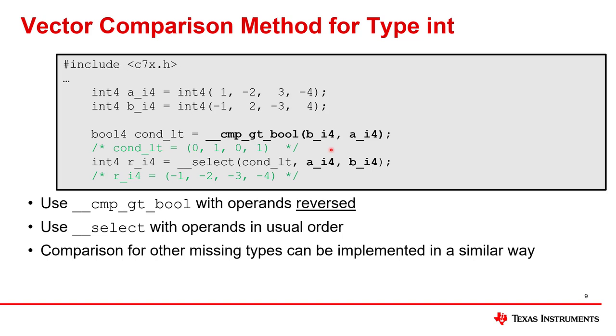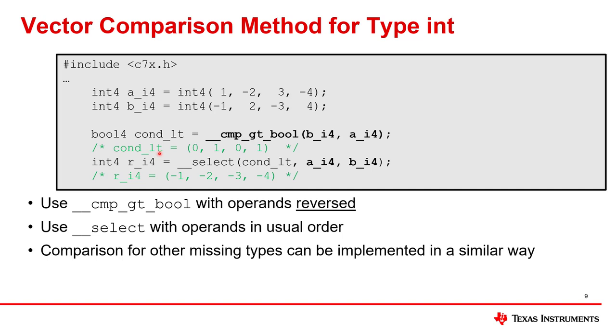Recall in the previous example it was A, then B. Here it's B, then A. And then you use select with the operands in the usual order. I presume a few of you will want to pause the video and convince yourselves that these comments accurately show what actually gets computed by this use of these intrinsics, but it really does.